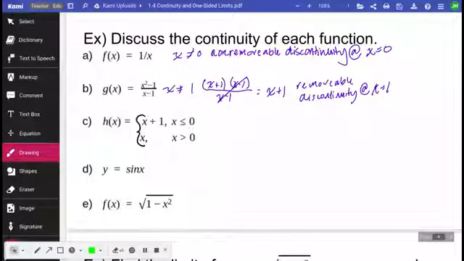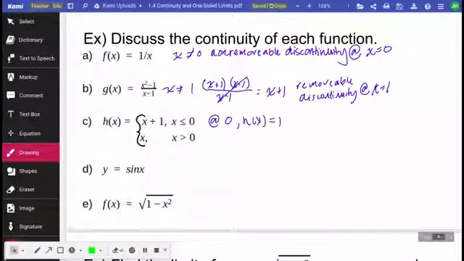So here's an interesting thing. At 0 here, h of x equals 1. Okay, my equal sign looks rough. Equals 1. That's important.